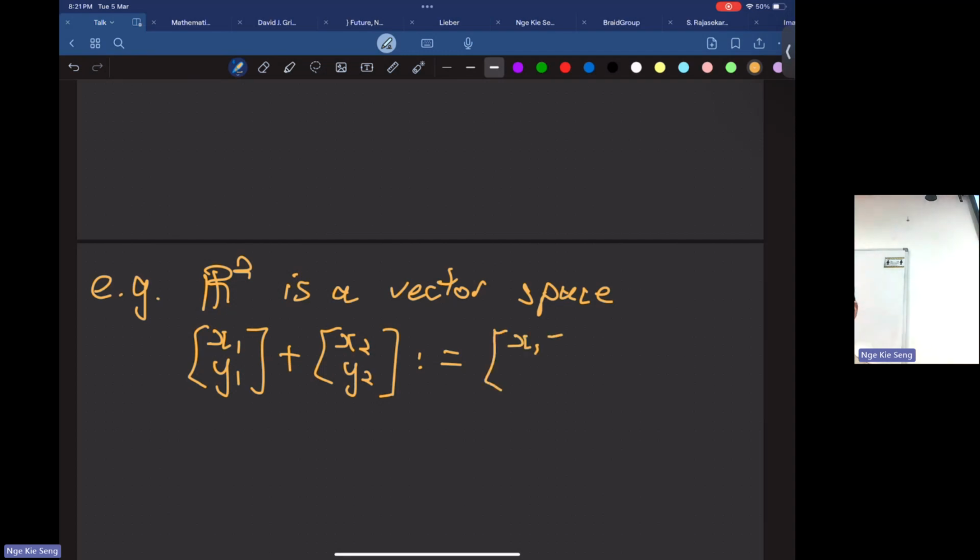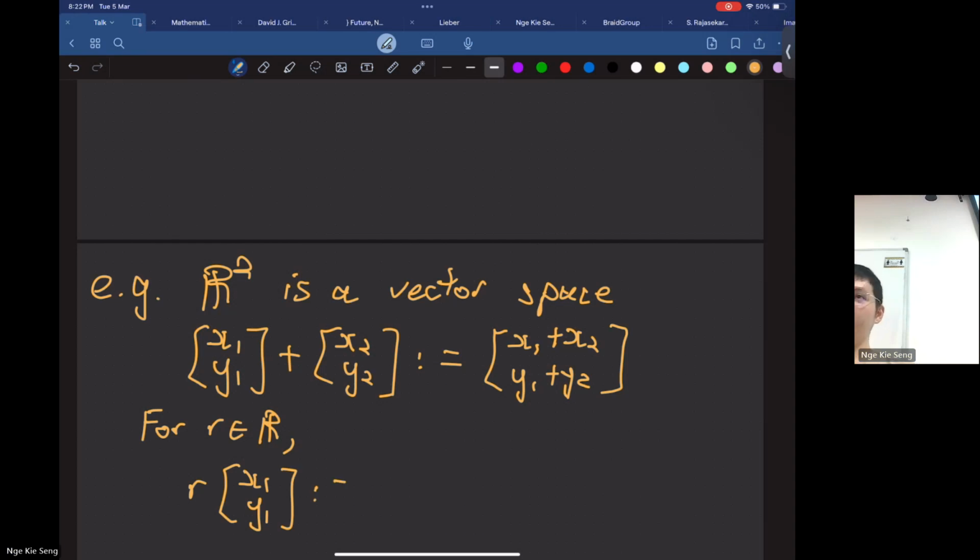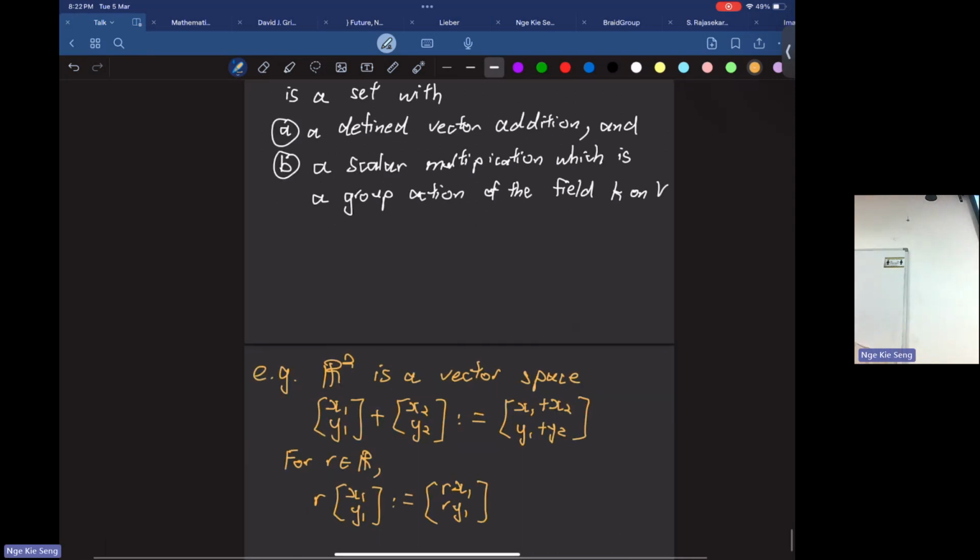You add x1 and x2 together, and then you add y1 and y2 together. Scalar multiplication here means what? If I give you any scalar, any number in R, how does R multiply to any vector? Yes, multiply all the components by the same R.